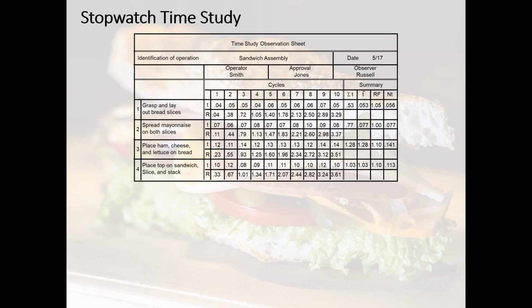Let's continue on with our normal cycle time. So to calculate our normal cycle time, which is represented by an uppercase N, uppercase T, we're going to sum all of the normal times for the elements. So in this case, we're going to go down the right-hand column under N lowercase t.